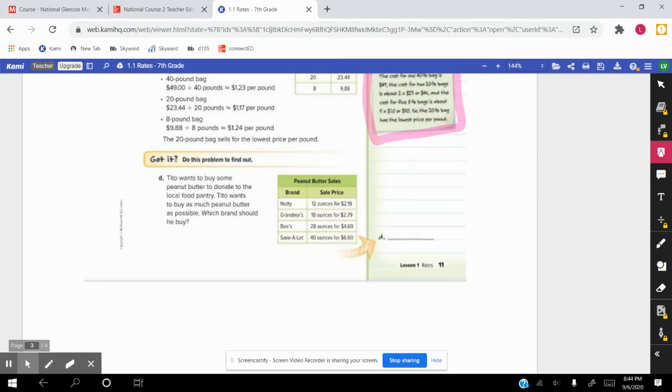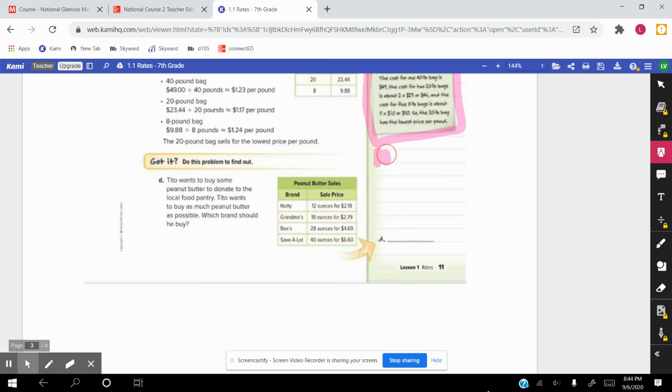So if I take, oops, let me change into a pen. I'm going to put an N for Nutty. I'm going to take $2.19 and divide it by 12. So $2.19 divided by 12 is about 18 cents per ounce.